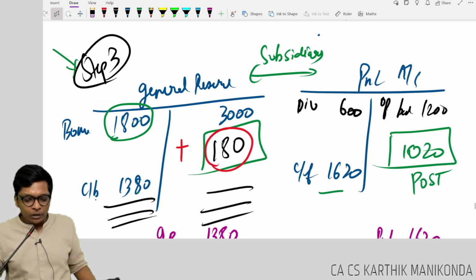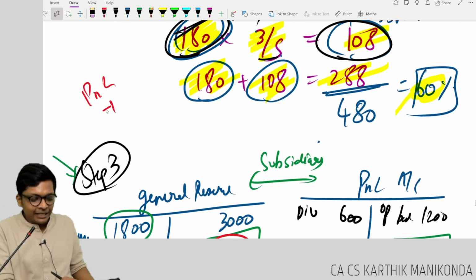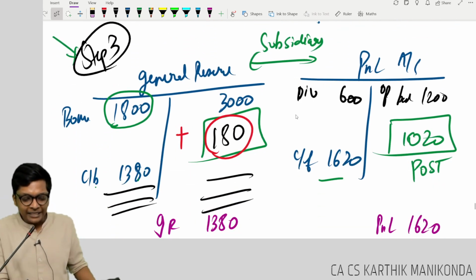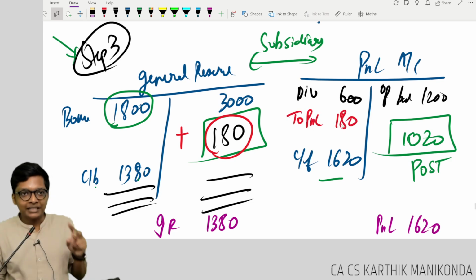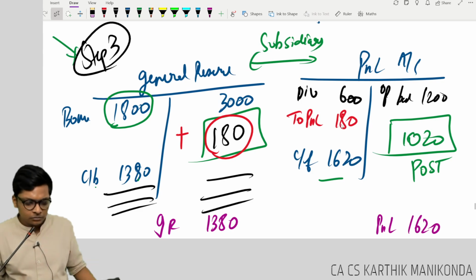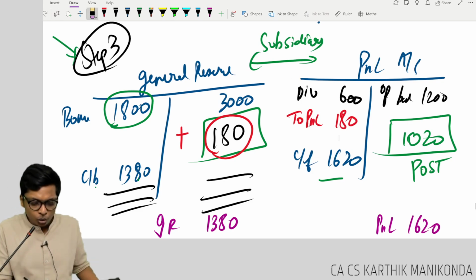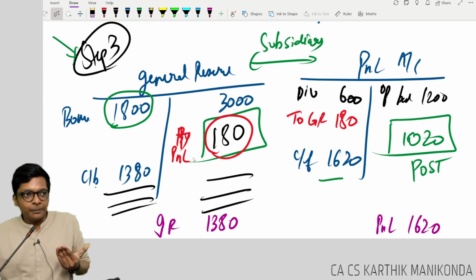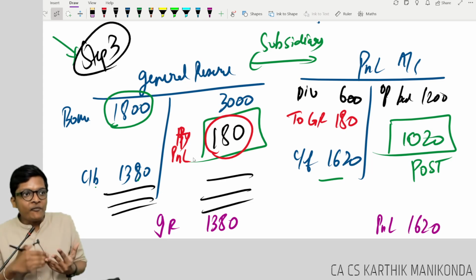That means the entry would have been P&L to general reserve. That means what? I should write here 2 general reserve 180. That's why I am doing both in parallel. Here I will write by P&L 180. Are you following, guys? Because the only way general reserve can get a credit is when the balance comes from my profit and loss account.